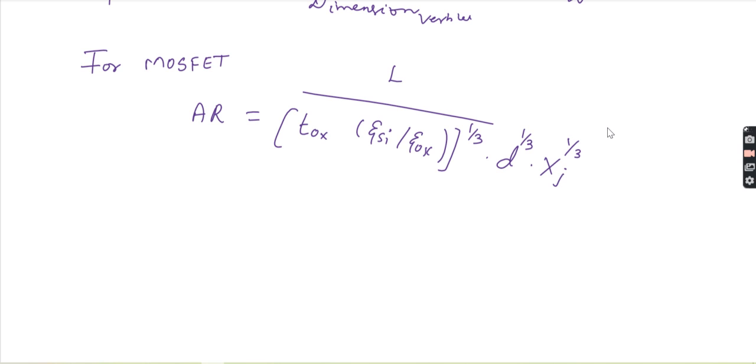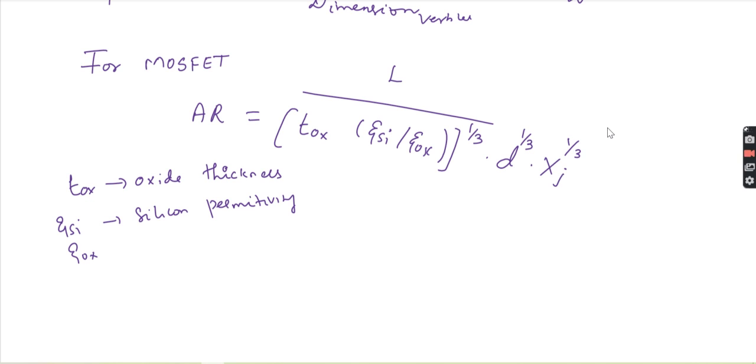Here we need to know something. Tox is the oxide thickness. Epsilon Si is the silicon permittivity. Epsilon ox is the oxide permittivity.